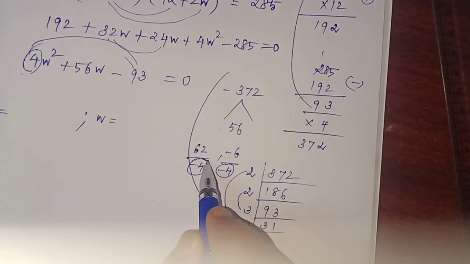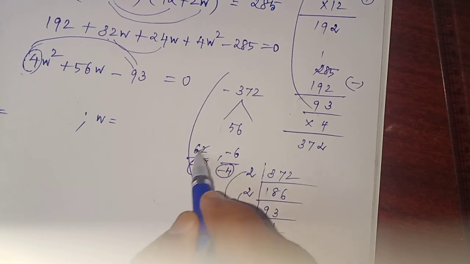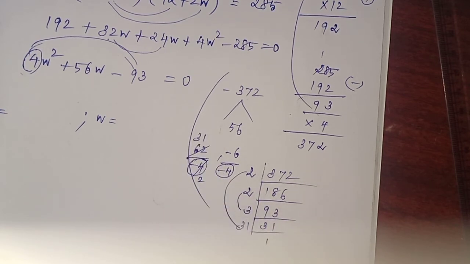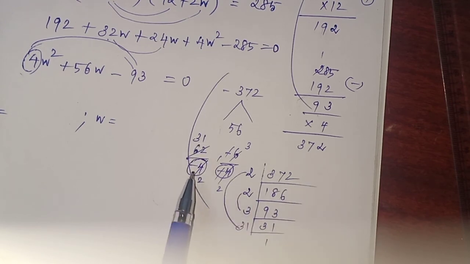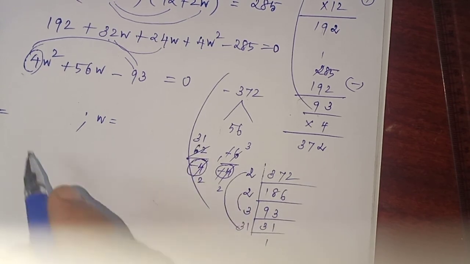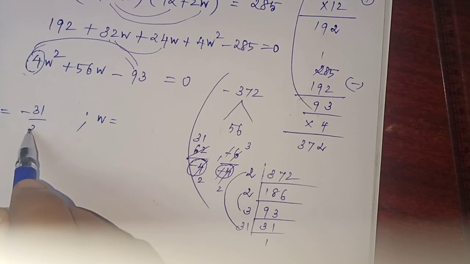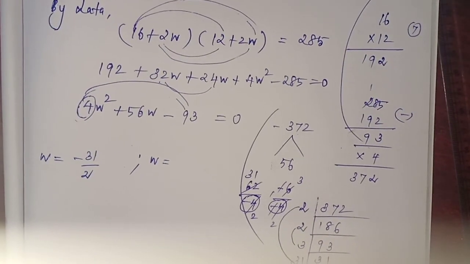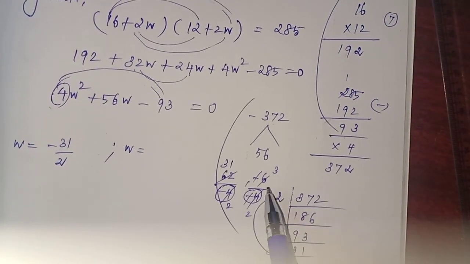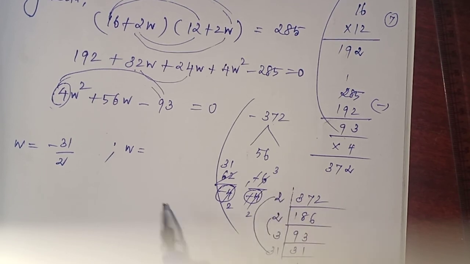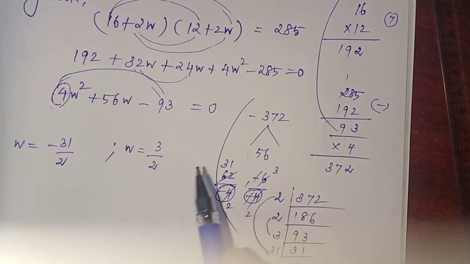Divide by 2 table only here. 2 times, 31 times. Here also we can cancel. 2 table 2 times, 3 times 31 by minus 2, minus here 31 by minus 2 equal to minus 31 by 2, and here minus minus get cancelled, 3 by 2, 3 divided by 2.